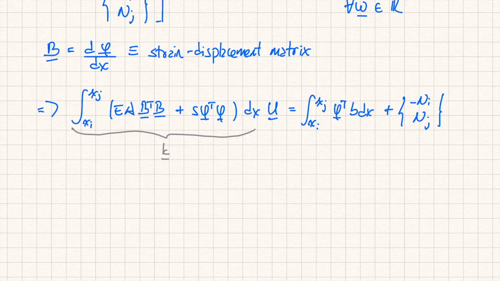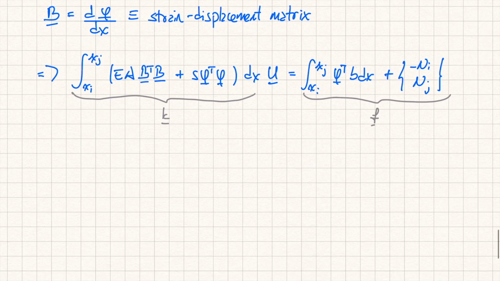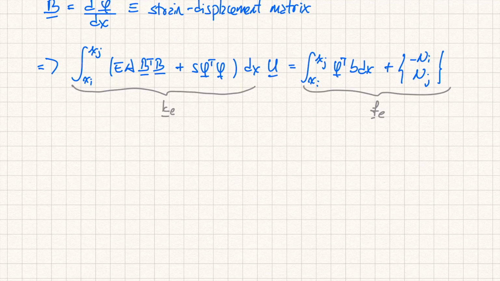Lowercase again because we're at the element level, and that is our what? Stiffness matrix. And all of this here we call lowercase f, which is our force vector. Well, let's make then ke, because we are at the eth element. And now we have a very, very simple equation of equilibrium at the element level. This equation describes equilibrium of one single element that we can write simply as ke u is equal to fe.